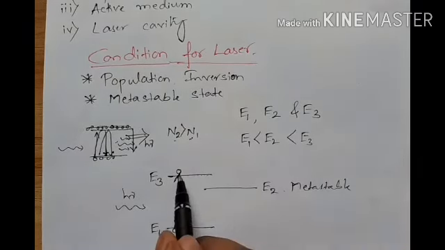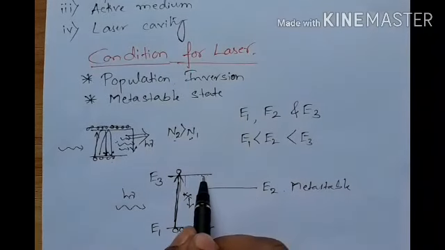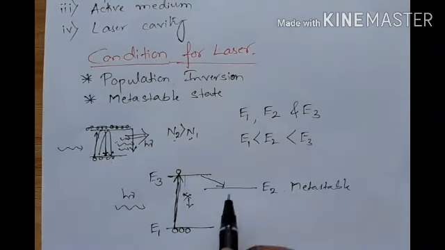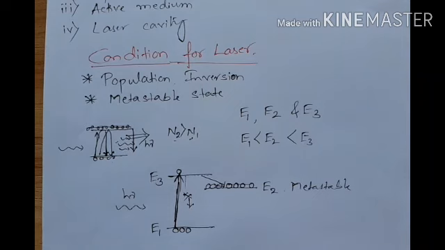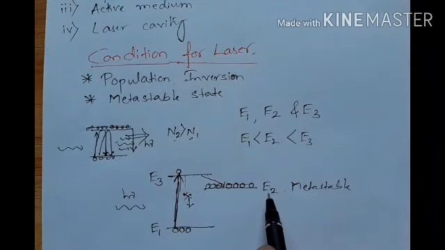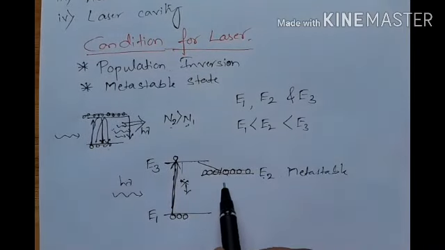All the atoms going to the excited state will not come back to the ground state. They will transfer to the metastable state and start accumulating one by one in this state, so that there is a population inversion between these two states.